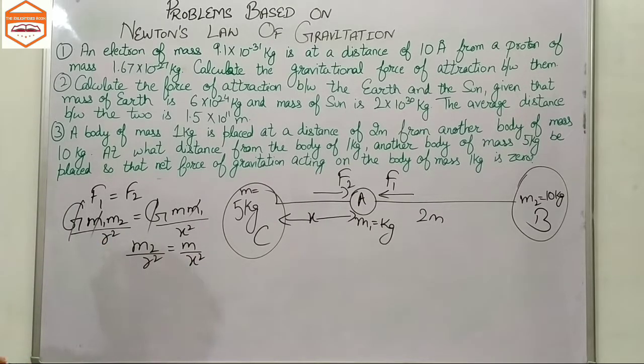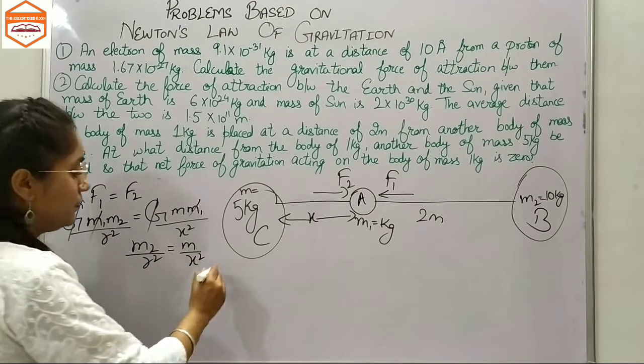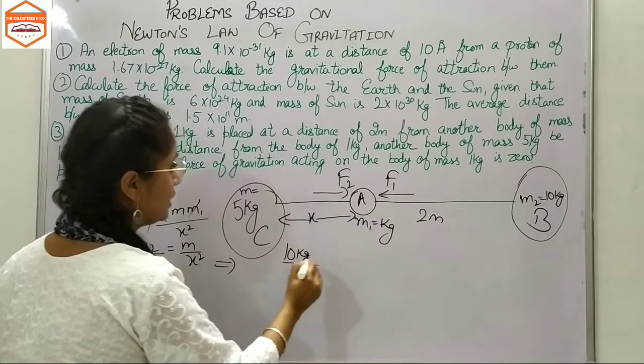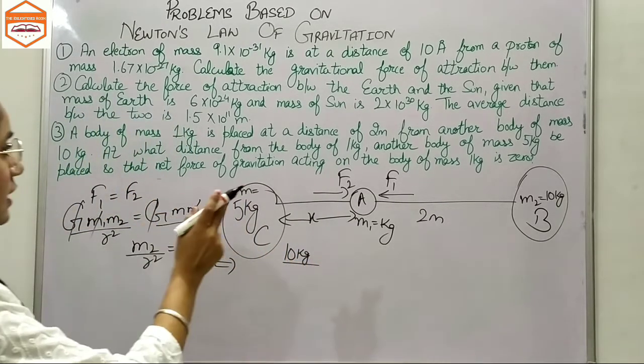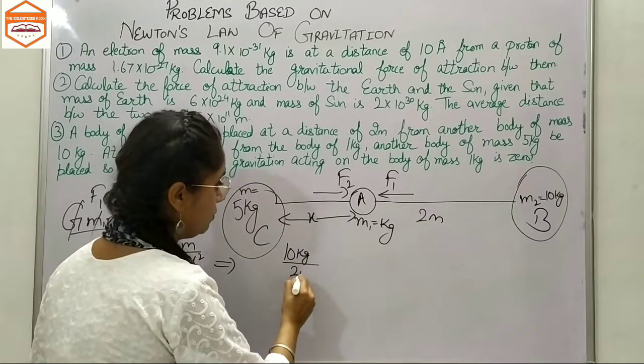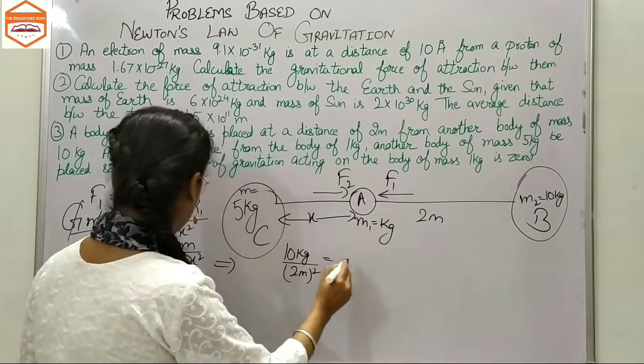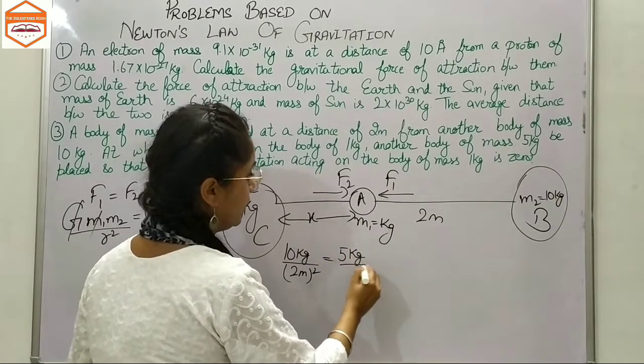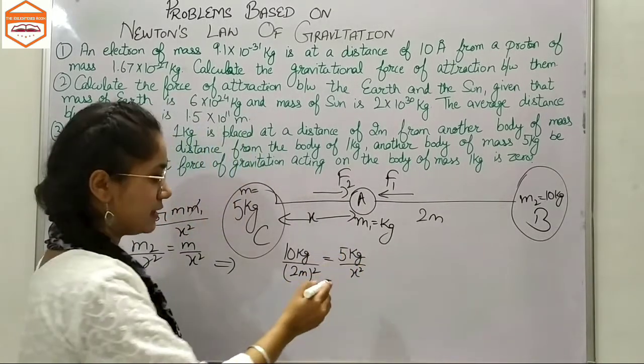Now putting in the values, we have m2 as 10 kilograms and the distance 2 meters squared, equals m3, which is 5 kilogram, over x squared, and we need to find this x.